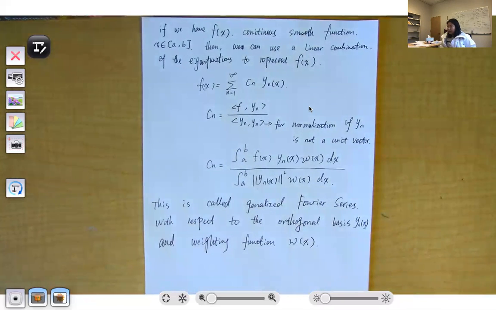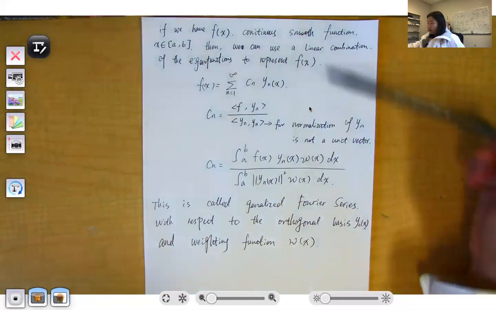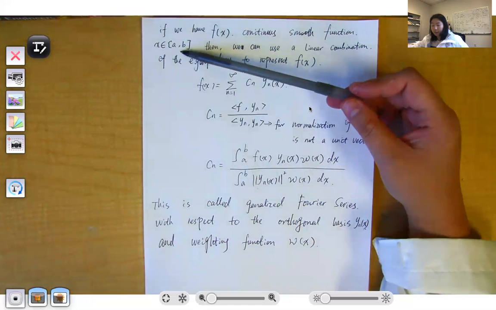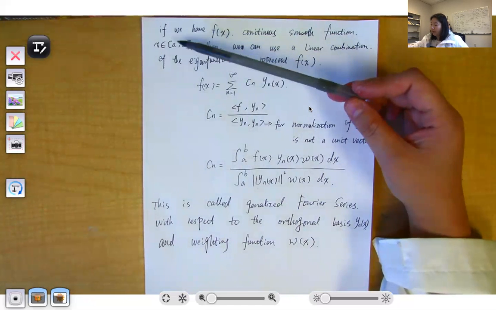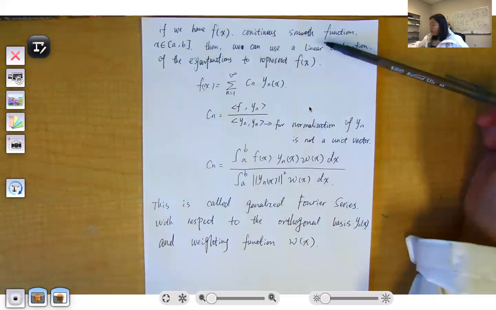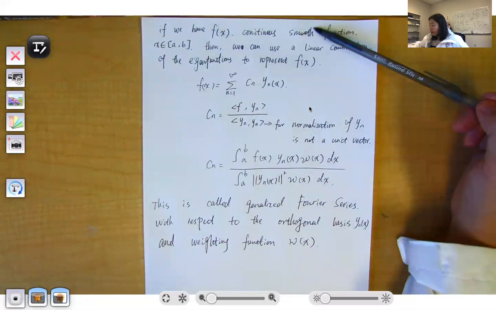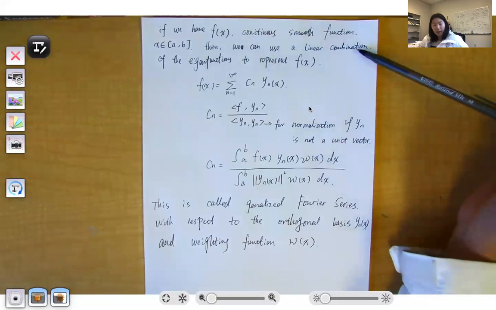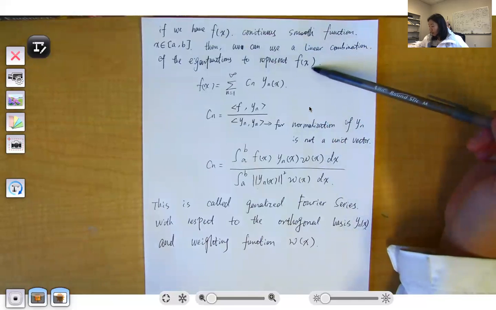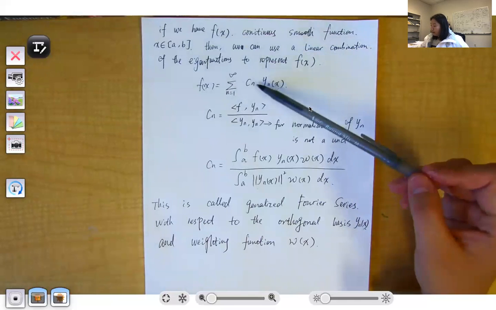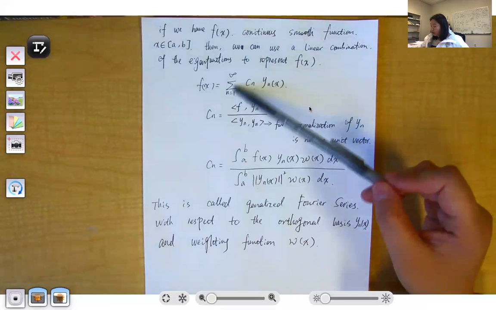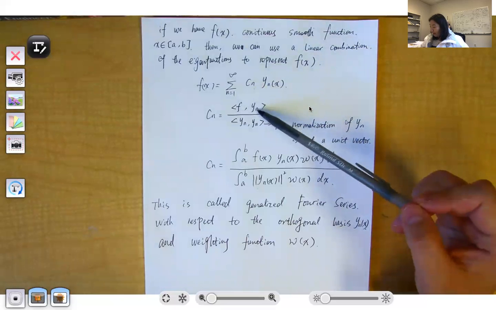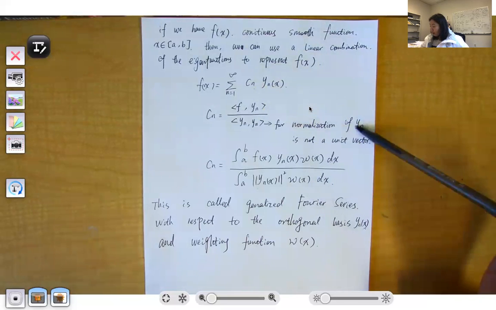Okay, so we have our continuous function f(x), which is in the range of our boundary condition and satisfies our boundary condition in between a to b. And since this is a continuous smooth function in the a to b area, we can use our generated eigenfunctions to represent it, where the linear part, which is the coefficient part, can be gotten from the inner product of f and yn over the normalization factor.